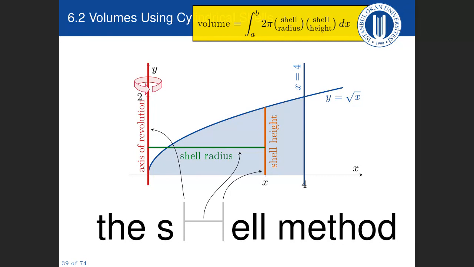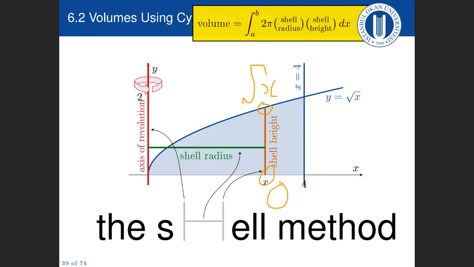So what can we say? First of all, what are the limits of integration, the a and the b here? Smallest value of x in this region, biggest value of x in this region, those are 0 and 4. What is the shell height? Well, square root of x at the top, 0 at the bottom.